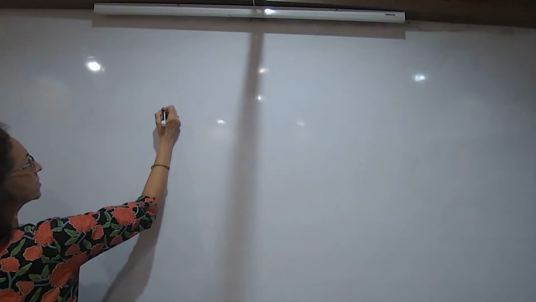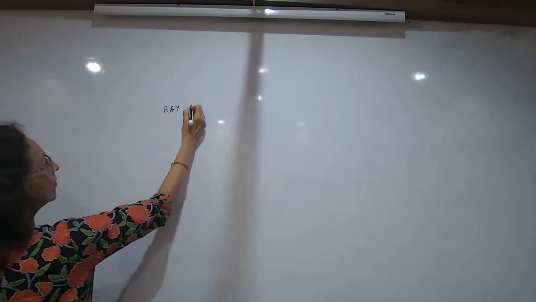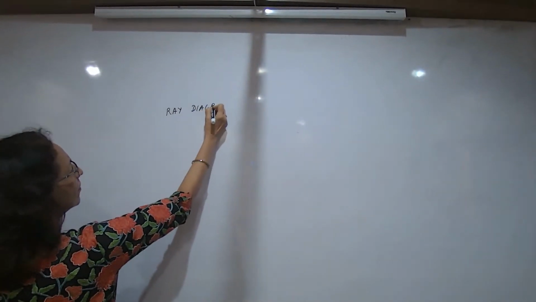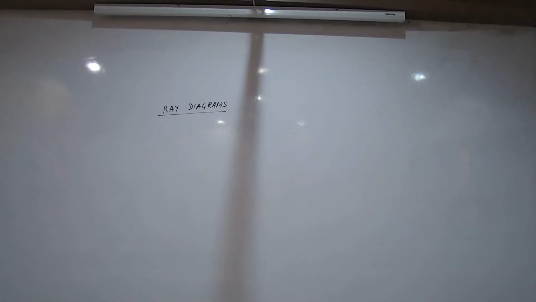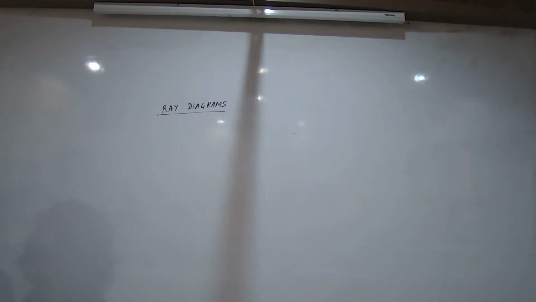We are now going to see what are called ray diagrams. Now, what is a ray diagram? We are going to talk about a couple of rays drawn from the object which is kept in front of the mirror, and we can predict where the image is going to be formed.